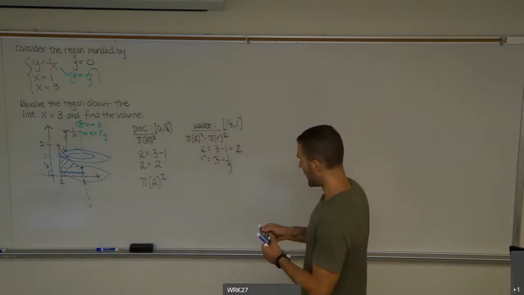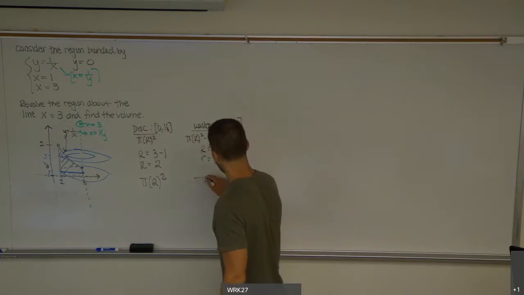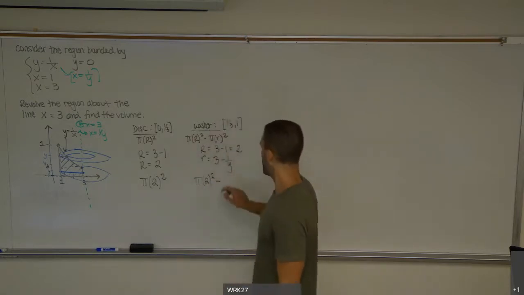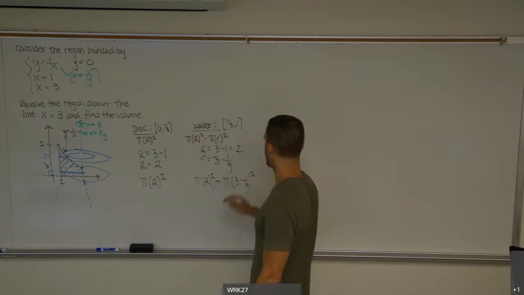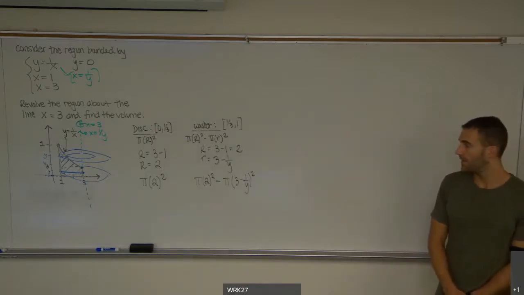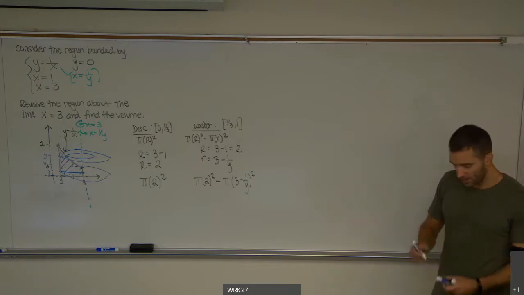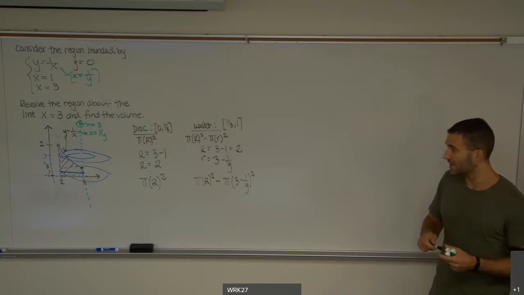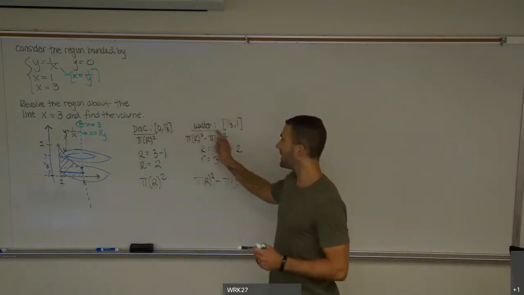And so what is the area of the washer? We get pi times 2 squared, just like before, minus pi times 3 minus 1 over y, squared. The outer radius and the inner radius give the area of the washer. Now, to find the volume, what we need to do is integrate these discs and these washers over the right intervals, and add them up.